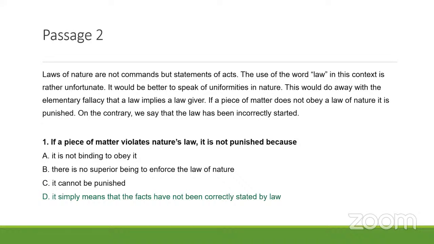It would be better to speak of uniformities in nature. This would do away with the elementary fallacy that a law implies a lawgiver. If a piece of matter does not obey a law of nature, it is not punished. On the contrary, we say that the law has been incorrectly stated.